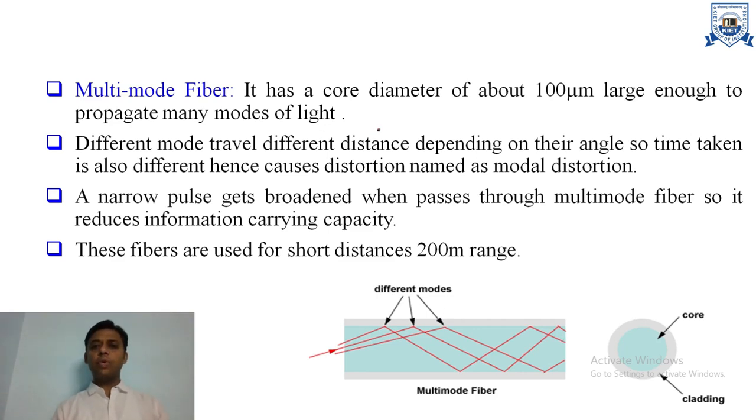It has a core diameter of about 100 micrometer and can propagate many modes of light. A narrow pulse gets broadened when passed through the multimode fiber, so it reduces information carrying capacity. These fibers are used for short distance, that is, in the 200 meter range.